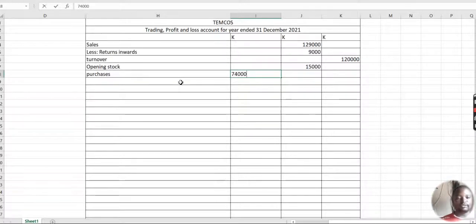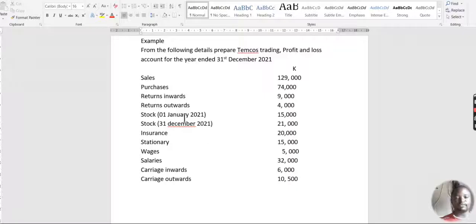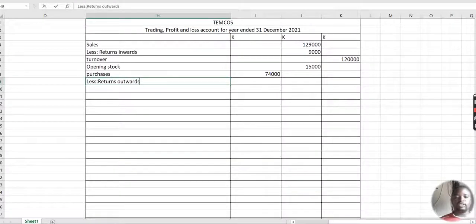Then, because I saw returns outward, we are going to say less returns outwards. Let's go and check the value of returns outwards. Returns outwards 4,000. So we write 4,000 there.